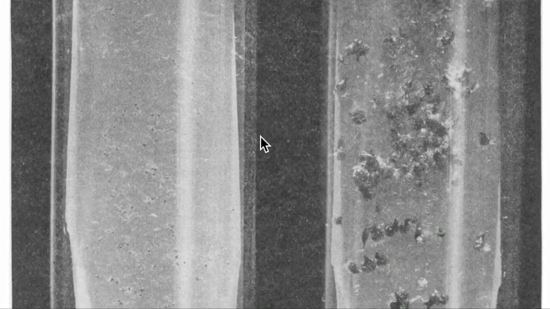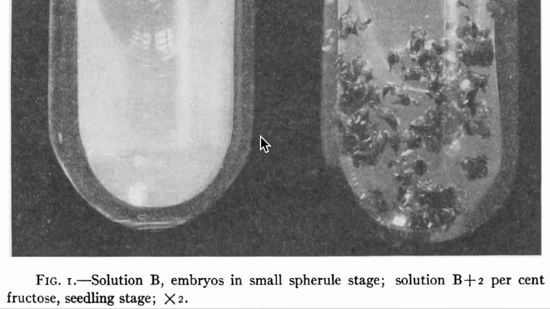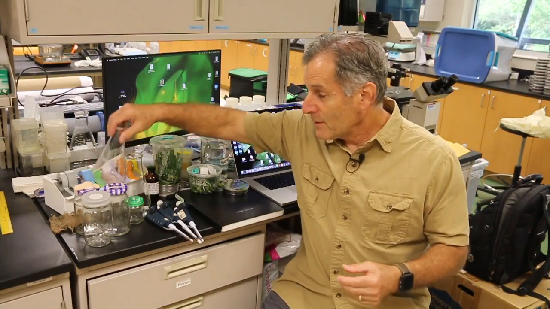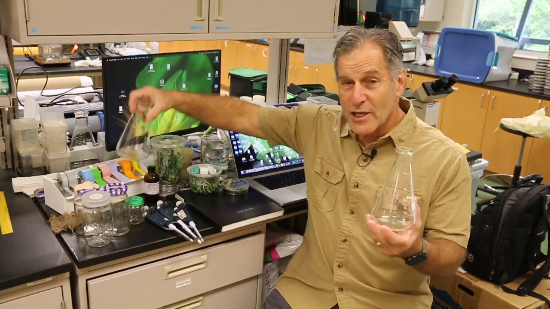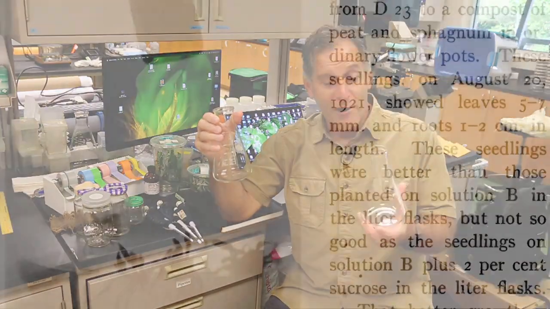Okay, so where did the term flasking come from? Well, back in those days, everyone worked with glassware, and the glassware that people worked with worked well. It could be washed and reused, and when this was being done at a larger scale, people used flasks like this, and these are Erlenmeyer flasks.